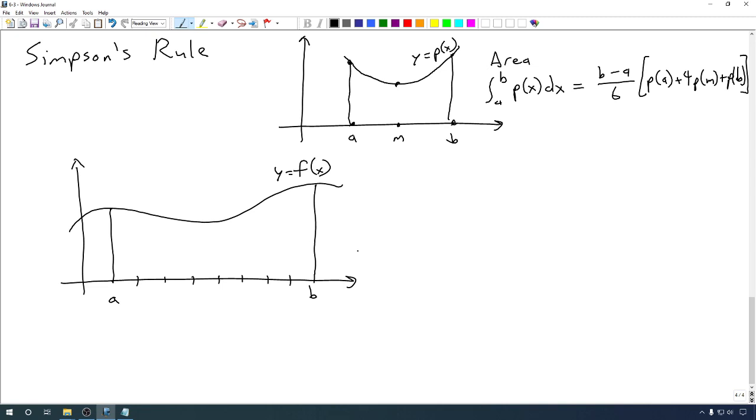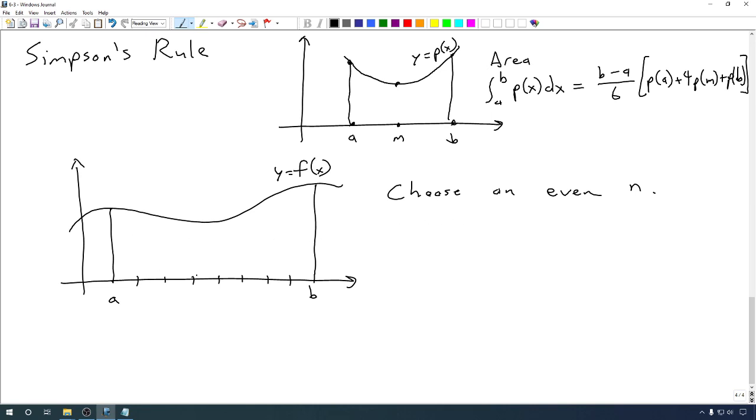We're going to use n of them. However, here we do have to be a little bit careful. We need to choose an even n, and that is very important. It mostly comes down to the fact that in order to work with the parabola, we need 3 points, and that means that we're going to essentially pair up the points. Or really, we're taking triples, but there's going to be repeated ends of those.